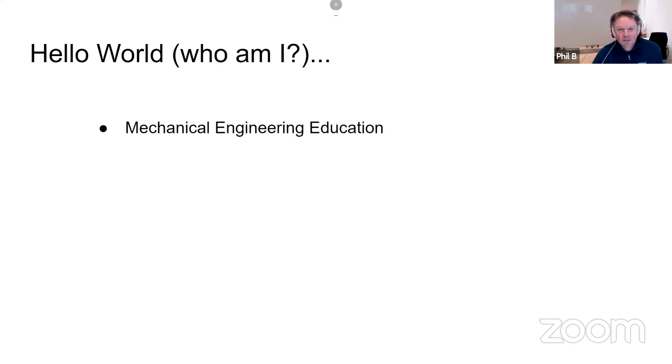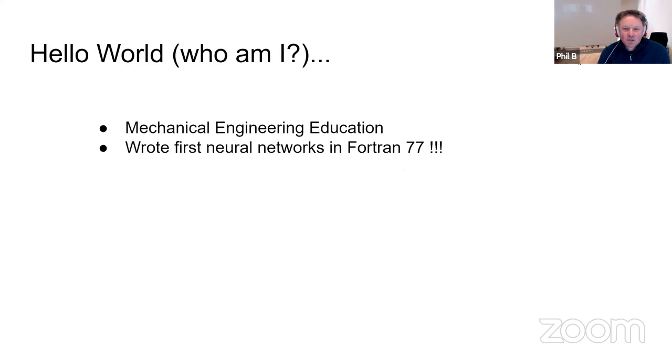I wrote my first neural networks in Fortran 77. It was in the last millennium. But I think Fortran 90 came out just as I was starting, so I did evolve to Fortran 90.